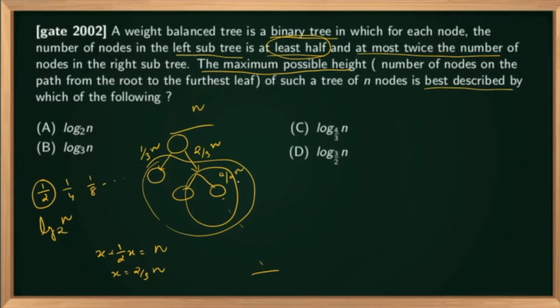Here it is going 2 by 3, then 2 by 3 all squared, like that. So the height should be log n to the base 3 by 2, reversing 2 by 3 to 3 by 2. Actually, we have explained this in the first class itself, how to calculate the height when it is a fraction. So log n to the base 3 by 2.